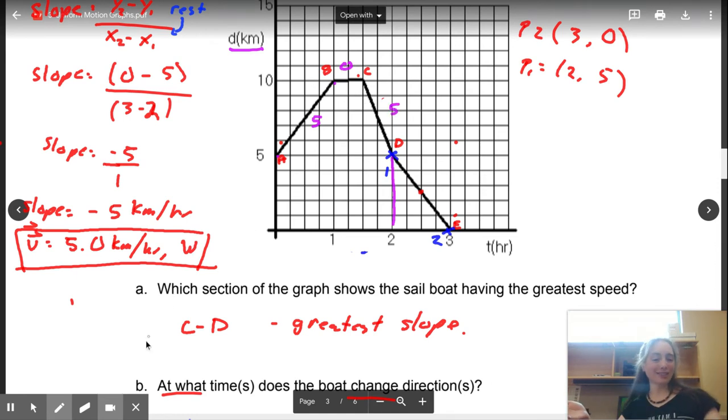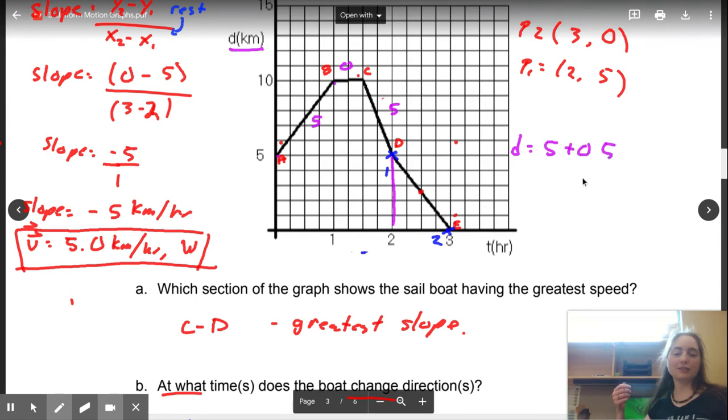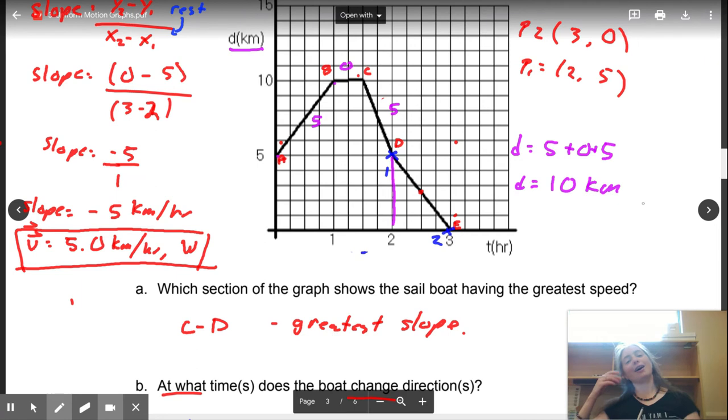So what's the total distance? The distance here is 5 plus 0 plus 5 kilometers, which is going to give you a total distance of 10 kilometers. Okay? That's the distance. All right.